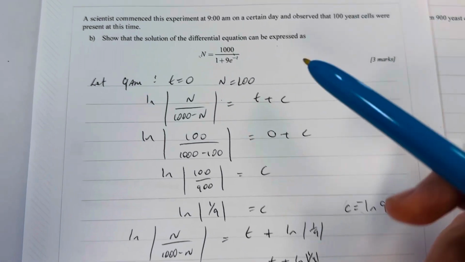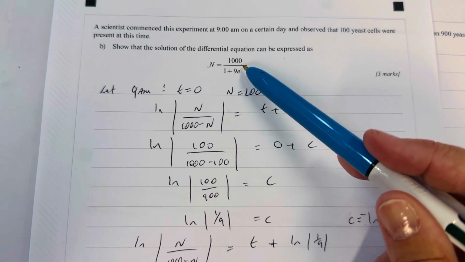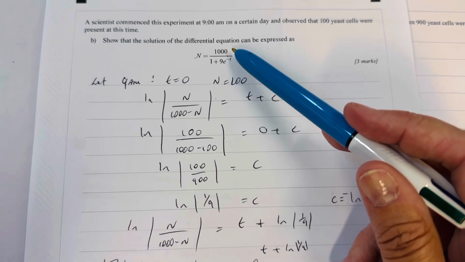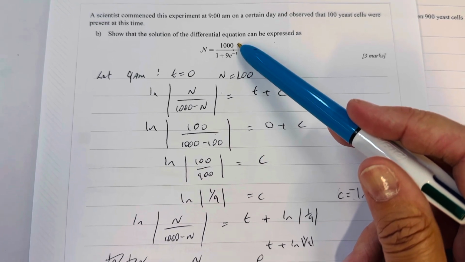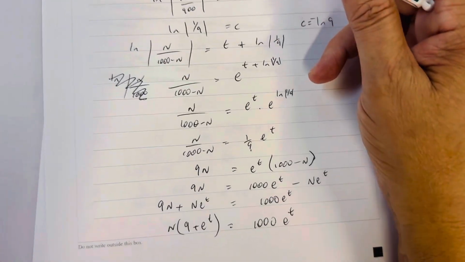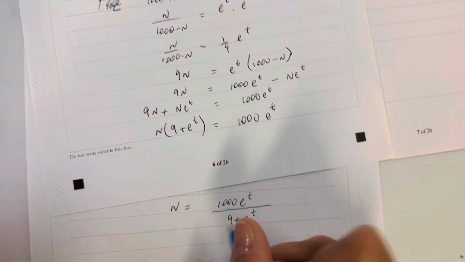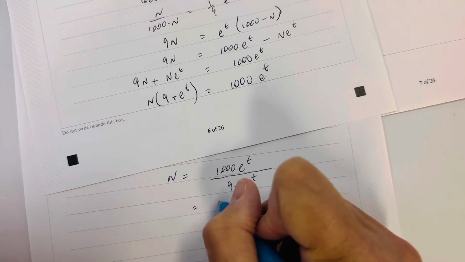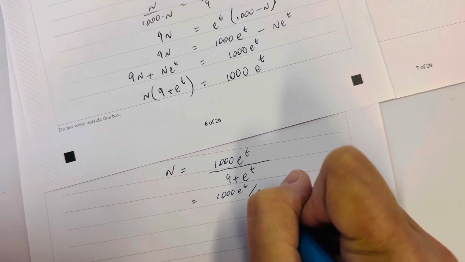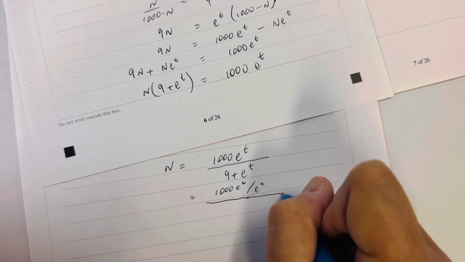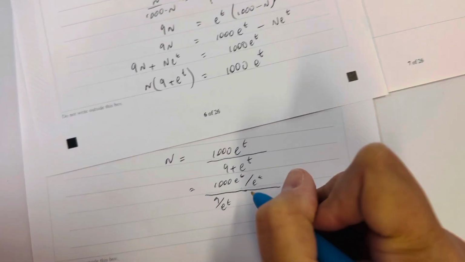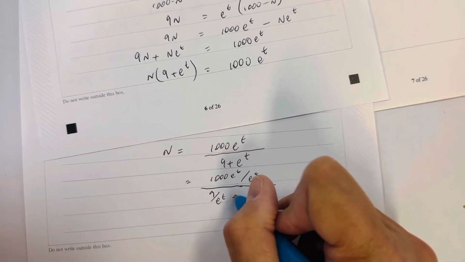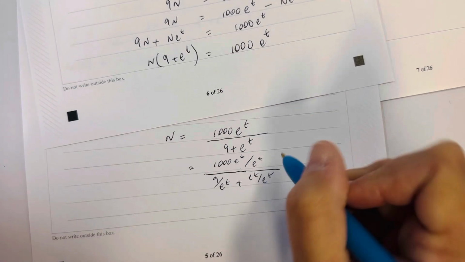Now, if I look at what I'm doing here, it's looking pretty similar. Point of difference, I don't have an e to the t on the top. So what I'm going to do is divide everything by e to the t. So 1,000 e to the t divided by e to the t, 9 over e to the t, plus e to the t over e to the t.